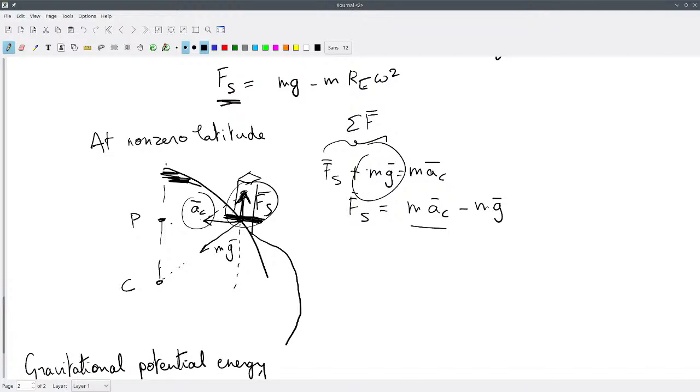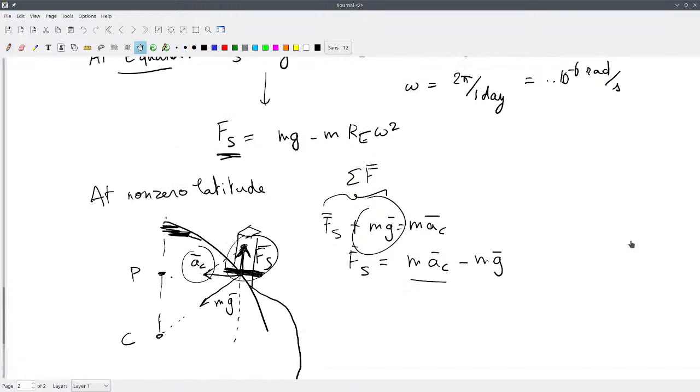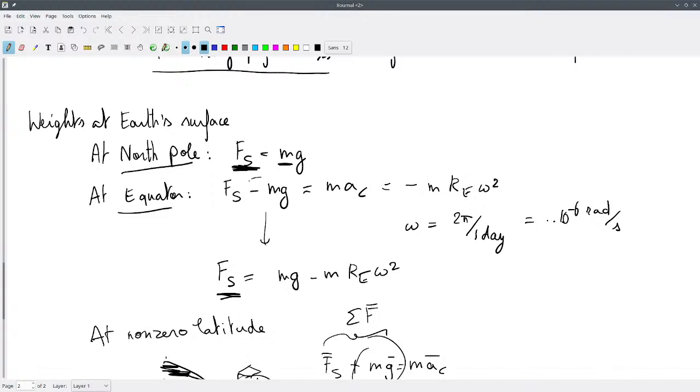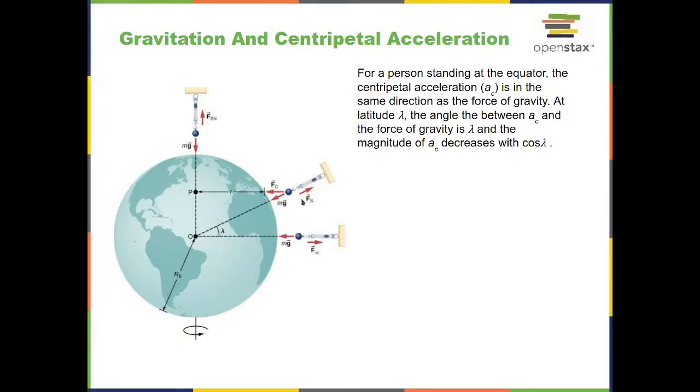But I'm not writing it in terms of coordinates because it would be difficult to write along a single coordinate axis, in particular in this case of non-zero latitude, because all of the vectors are pointing in different directions. In this case here, I wrote it as a scalar quantity, not as a vector quantity, because everything is along the same direction. At the equator, everything is along the same direction. mg, the centripetal acceleration, and the force due to the spring are all along the same direction. I hope that makes sense.